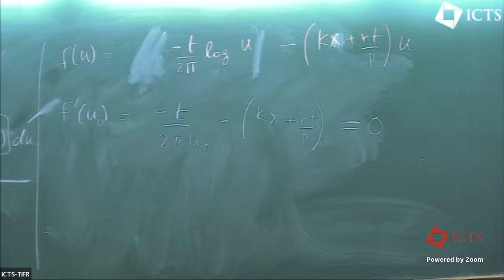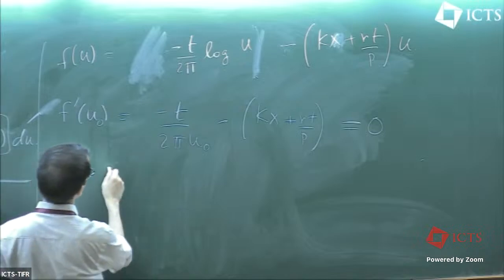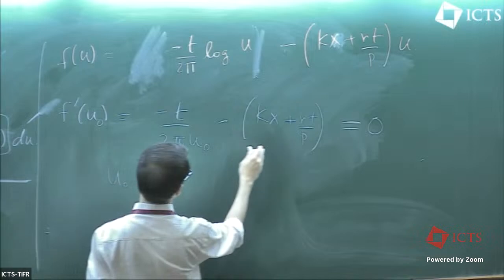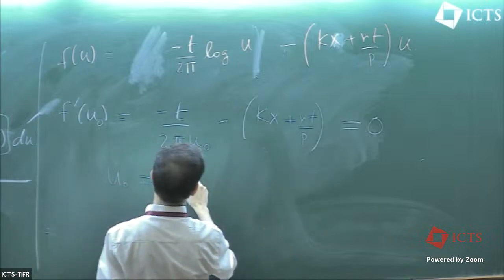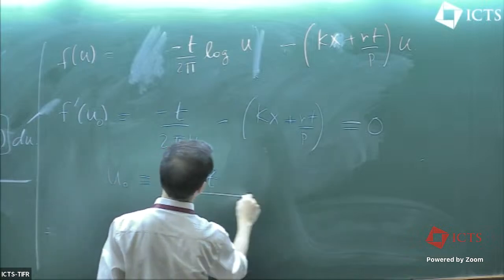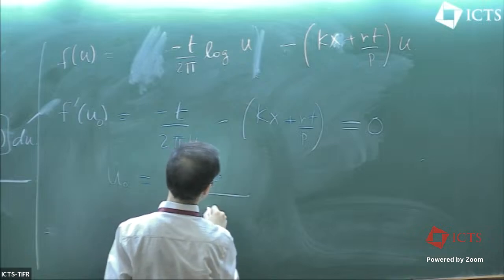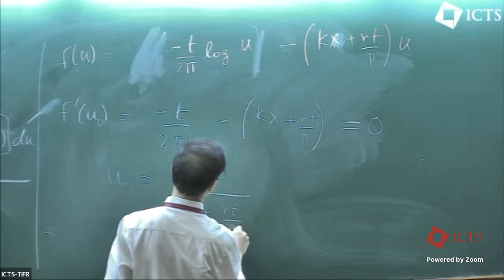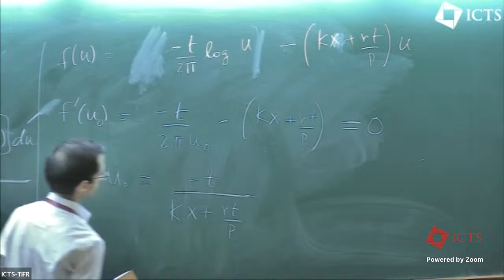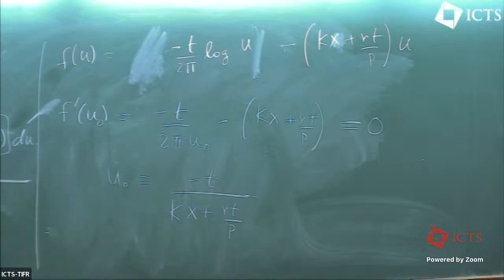So if you calculate what your stationary point is, u naught is going to be negative t over kx plus rt over p, right here. And now one should also check that the stationary point lies inside the support of the weight function.